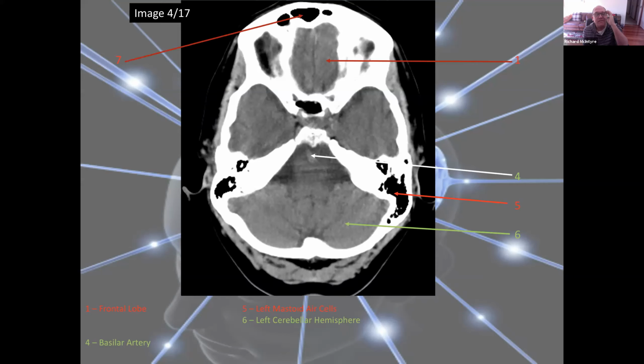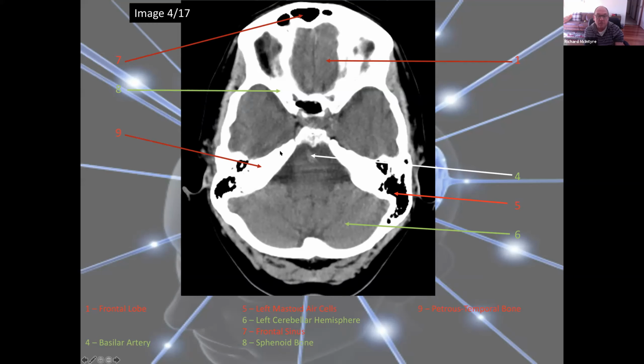Now we didn't see that very well on the MRI because we don't see bones very well. Sphenoid sinus, sphenoid bone, sorry, and petrous temporal bone. So we see that as a bone rather than as a space, as we did in MRI.